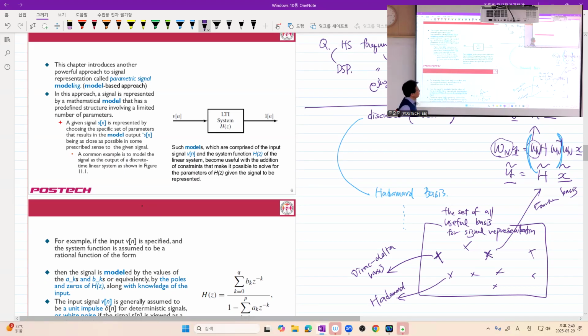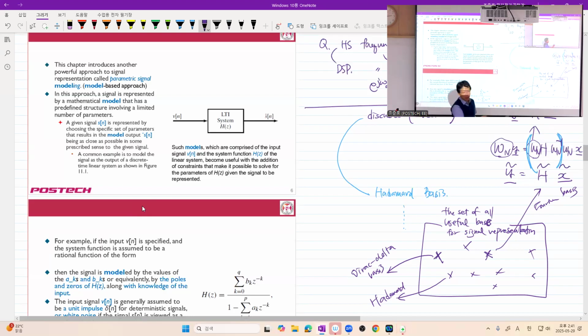Got it? Anyway, so these are the set of all useful bases for signal representation. The problem is that what we are going to see in chapter 11 is not in this set.